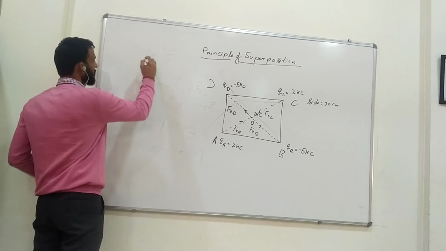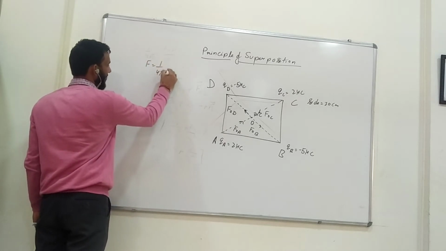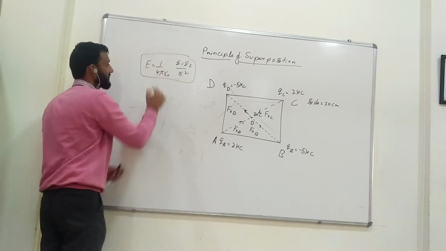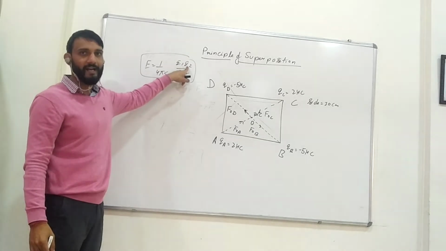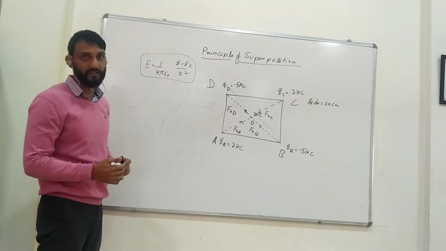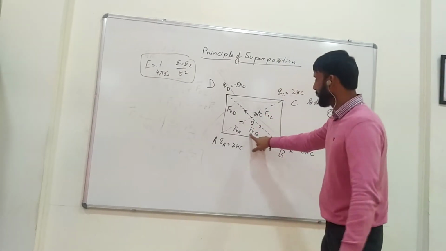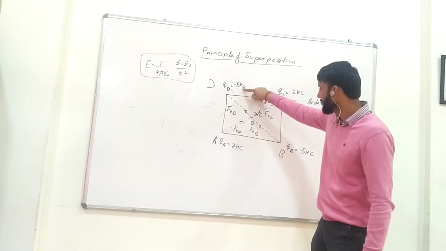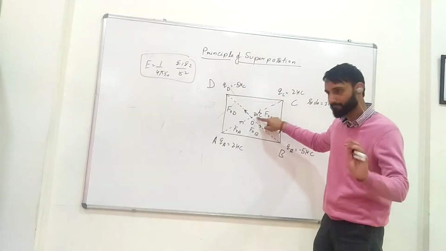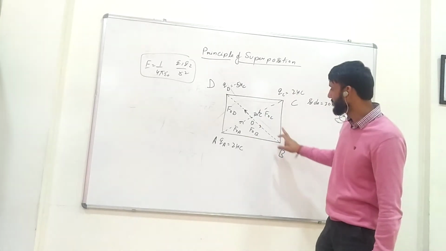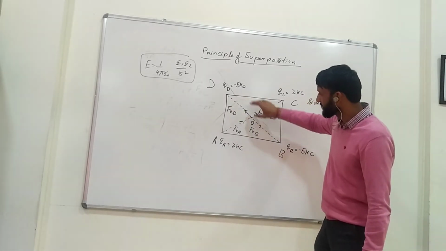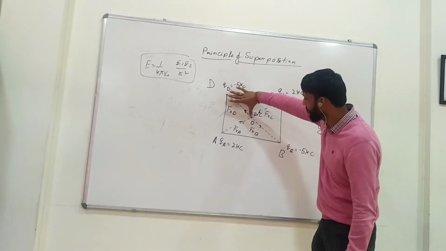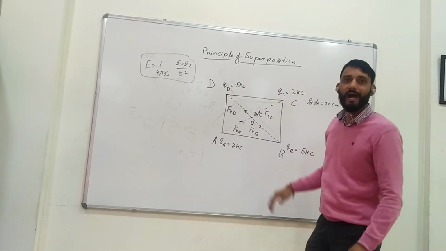Now guys, we all know that F equals 1 upon 4 pi epsilon naught Q1 Q2 upon R square. And here we can see that this force depends on the product of the charges and it is inversely proportional to the square of the distance between them. Now look for these two forces, FOB and FOD. This charge Q1 is this 5 microcoulomb, Q2 is this, right? Then again Q1 is this and Q2 is this. So in both the forces Q1 and Q2 are same. And also this distance O to D and O to B are equal.